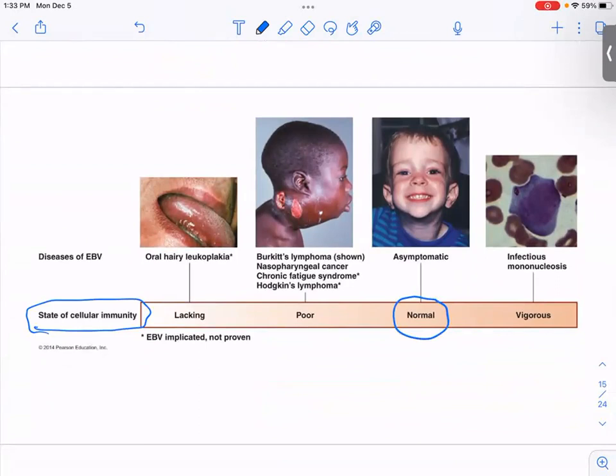Some things are more serious in young children, right? So exposed for the first time as kids don't usually have any kind of disease manifest. If you're exposed for the first time as a teenager or a young adult, you have a very vigorous immune response, and that will manifest as infectious mononucleosis.